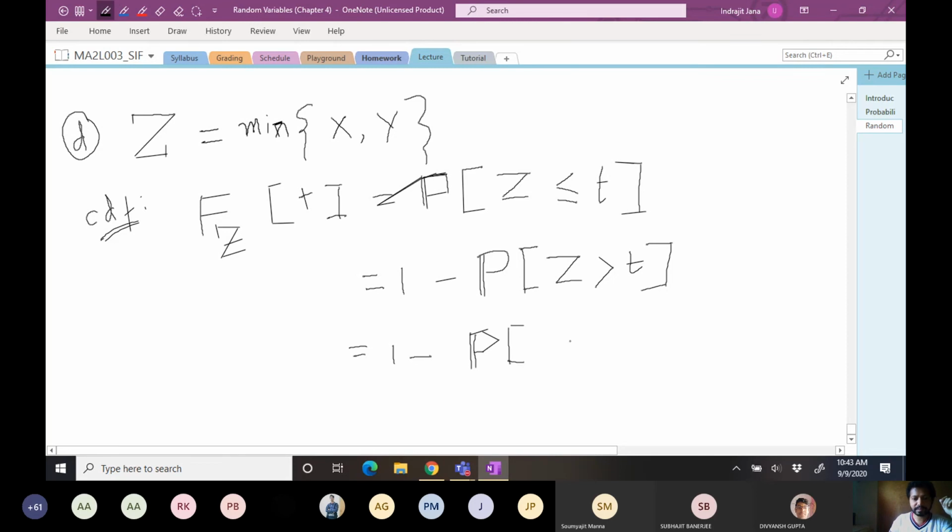If the minimum is bigger than t, then both x and y have to be bigger than t, which means x bigger than t and y also bigger than t.